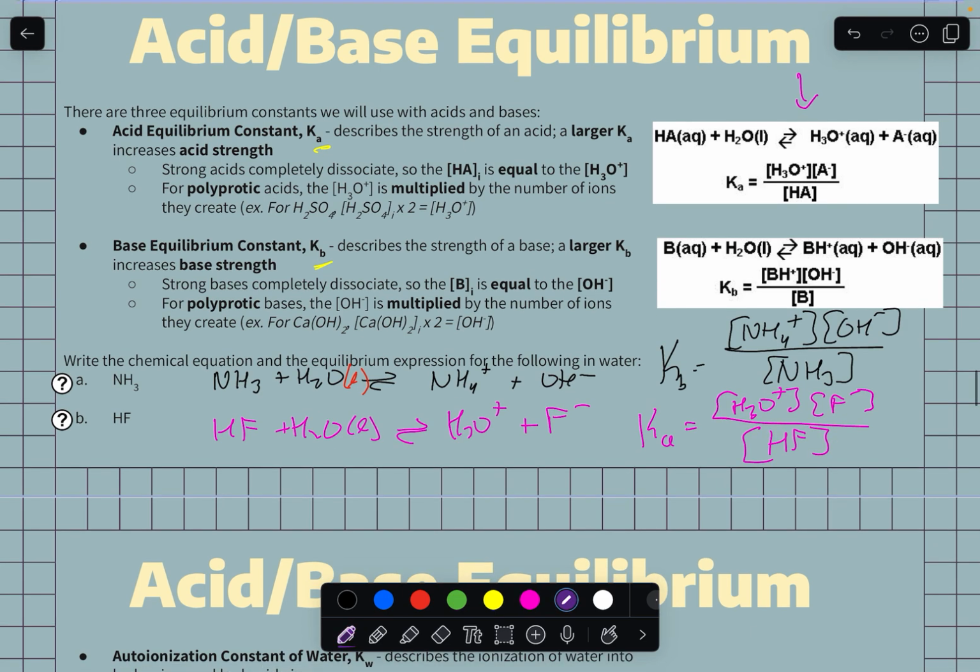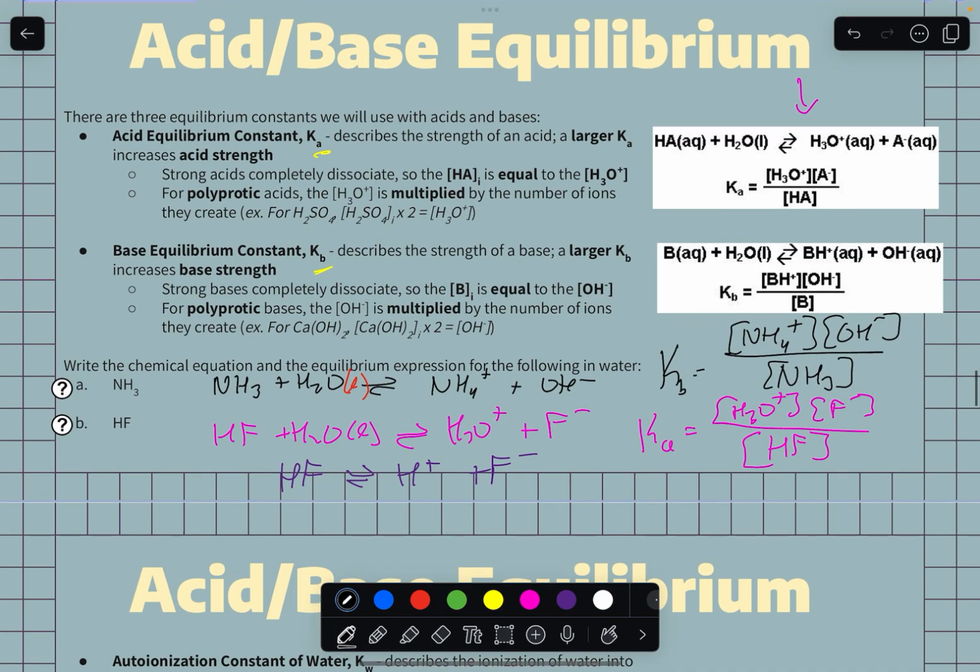If you did the acid without the water, so it becomes H plus and F minus, that's also acceptable, either one. But acids and bases are normally done in water, so I'm just used to adding it, but you don't have to if it can be done without it.